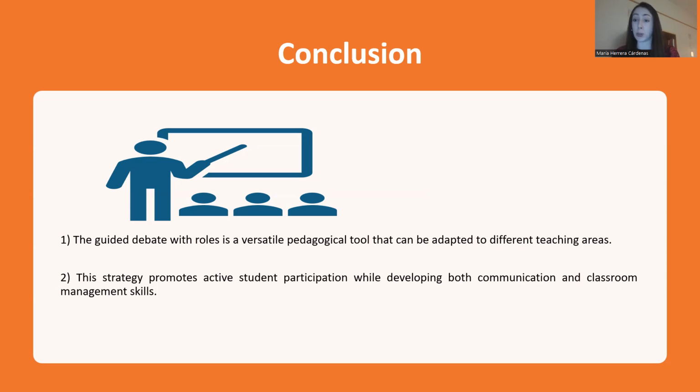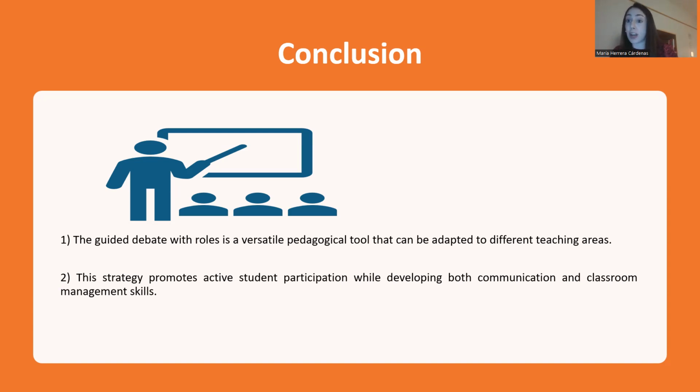We can adapt it to teach specific vocabulary. We can also encourage students to use more advanced grammatical structures, and they will also be utilizing different intonation and melody while speaking, and that's very important when mastering a foreign language.